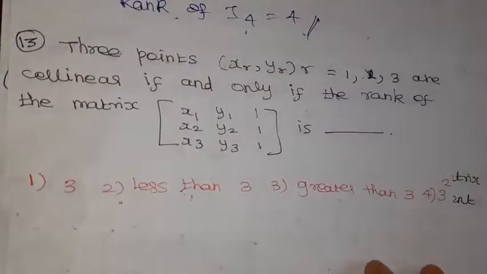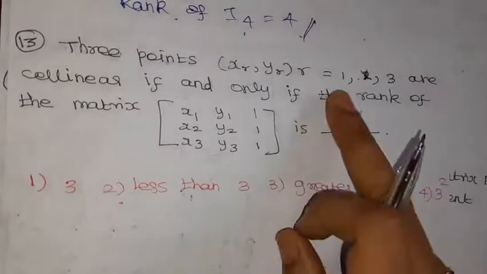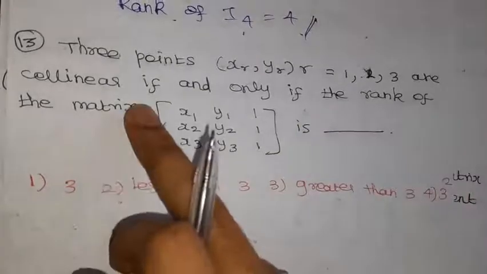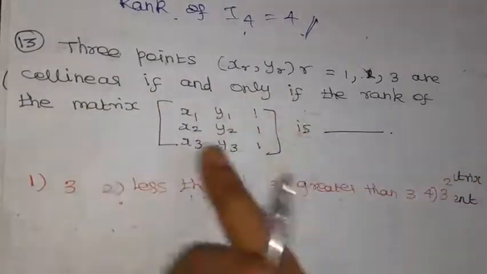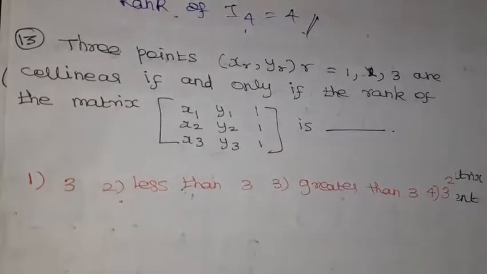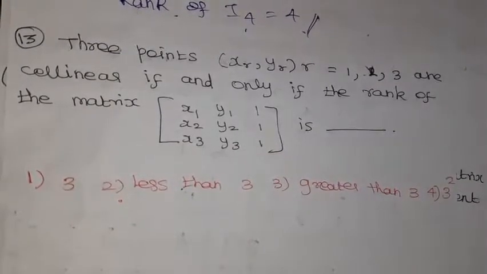Then, 3 points x, y are equal to 1, 2, 3 are collinear if and only if the rank of the matrix is what. So we should find the rank of the matrix. If the points are collinear, we should find the rank of the matrix.